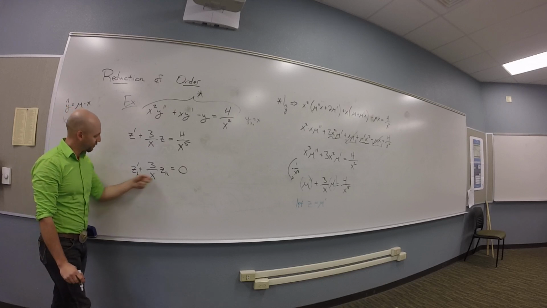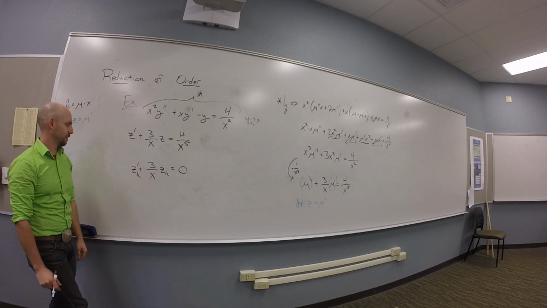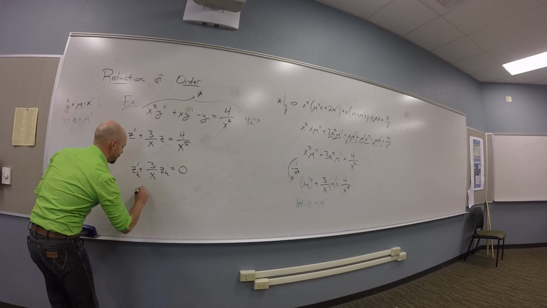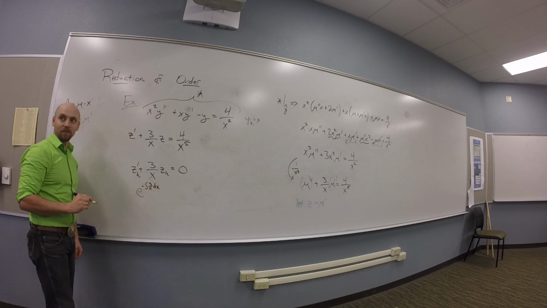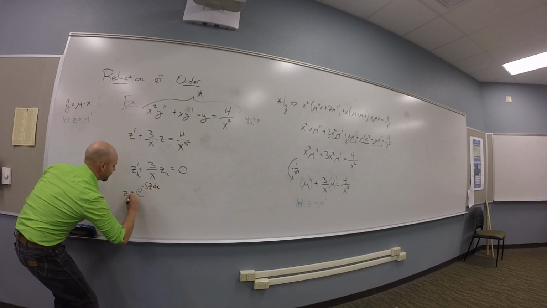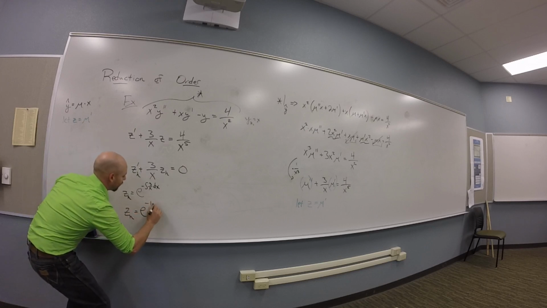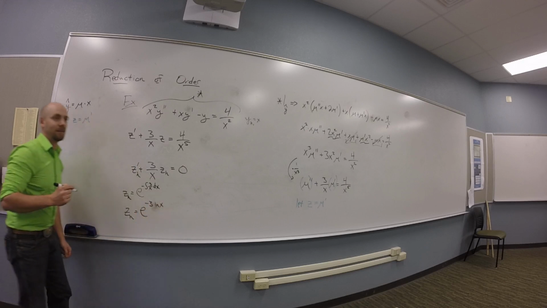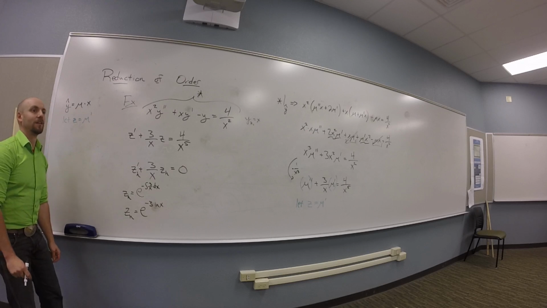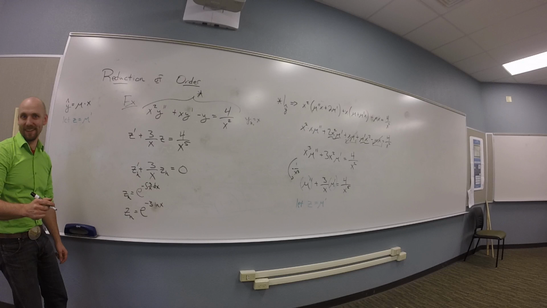So how do I solve this? It's going to be e to the negative integral of 3 over x dx, so e to the negative 3 natural log of x. That's going to be z h.